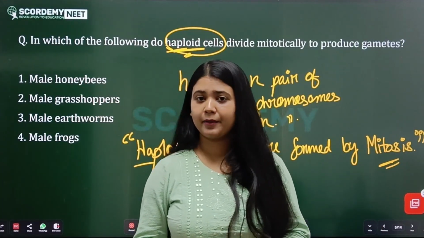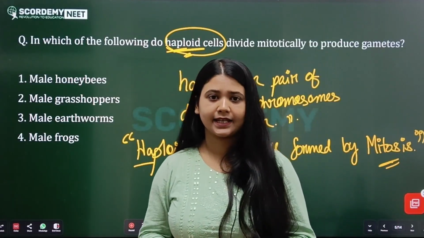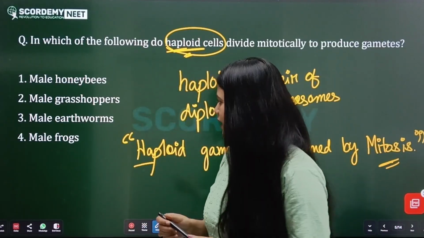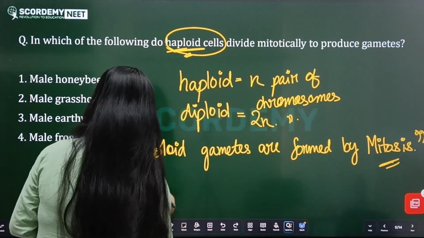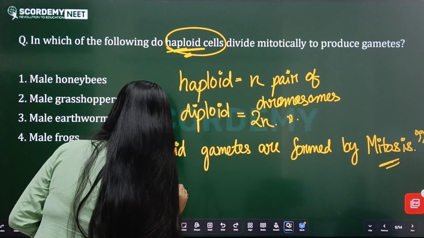They are born from where? They are born from unfertilized eggs, isn't it? So the male honeybees are formed from unfertilized eggs. Okay, I'm writing it here.